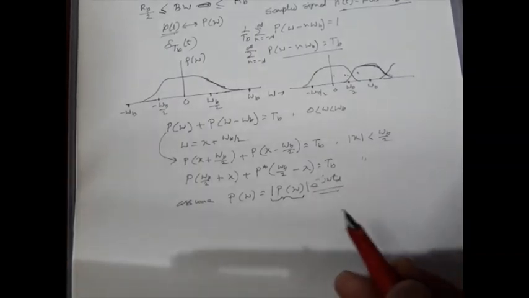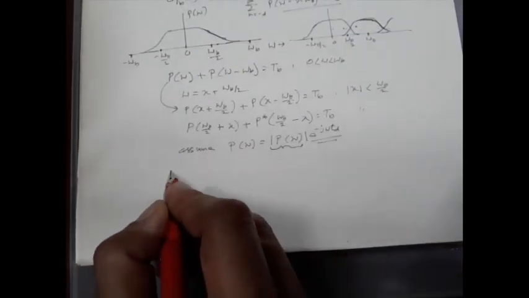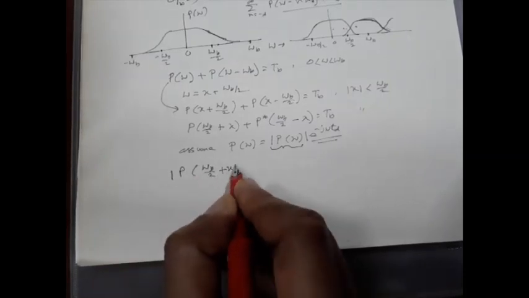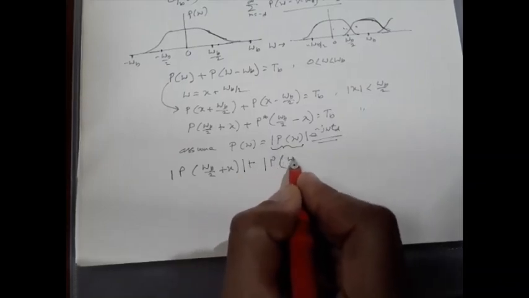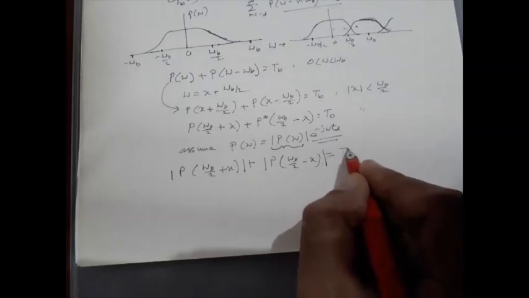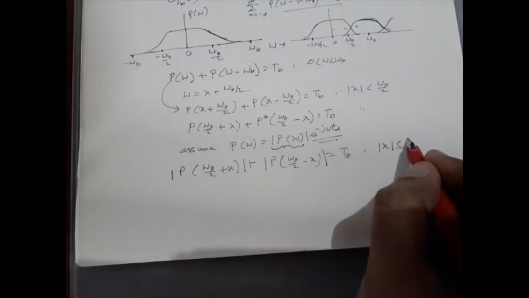As also this P omega is real, it implies that the magnitude of P of omega b by 2 plus x plus the magnitude of P of omega b by 2 minus x is equal to Tb for x less than or equal to omega b by 2.